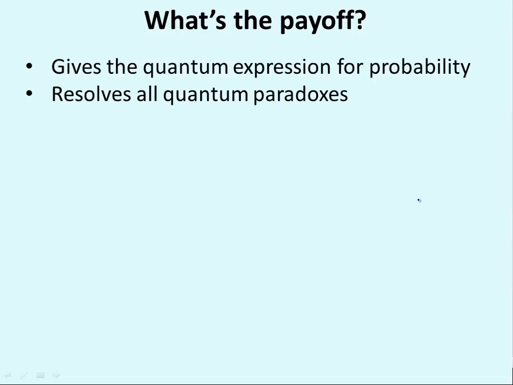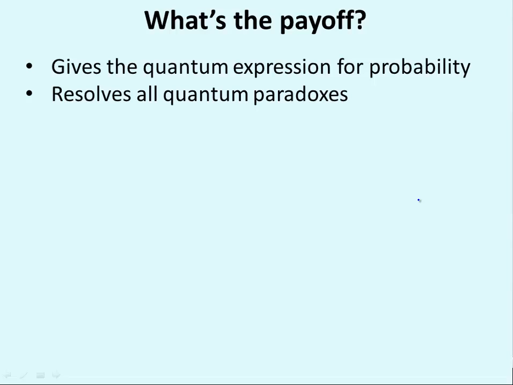Okay. This way of looking at reality resolves all quantum paradoxes. I'm not going to go into all the different paradoxes of quantum mechanics, but there are many. But this way of looking at reality resolves all of them. Why? Because it explains at the base the fundamental mathematical formalism that underlies quantum mechanics.